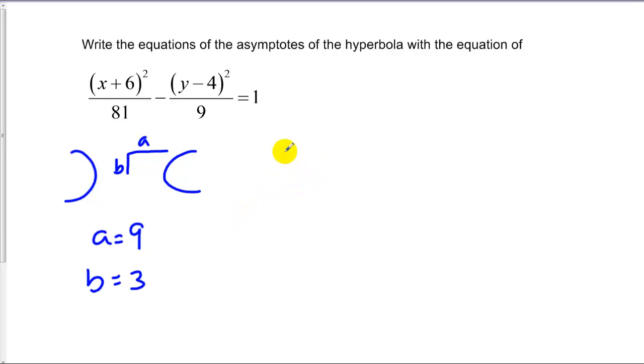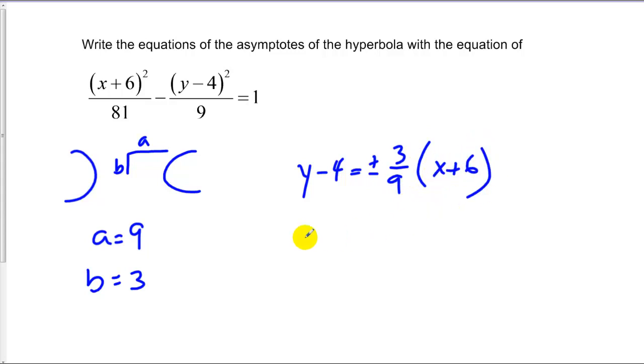I've got y minus k equals plus or minus. Once again, we said B over A, so that's 3 over 9, x plus 6. I can simplify that, and I'm fine if you don't put it in slope-intercept form, and just leave it as is.